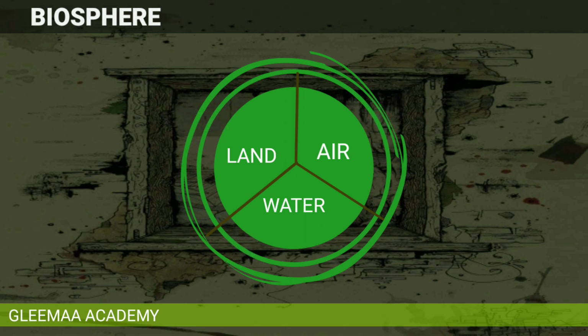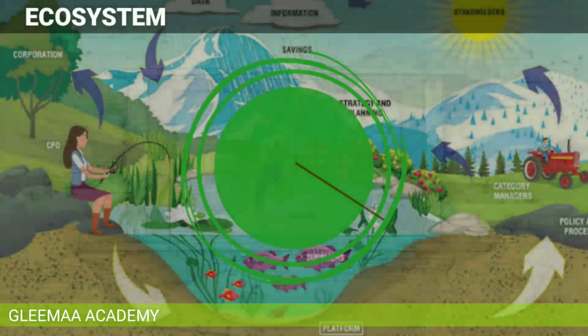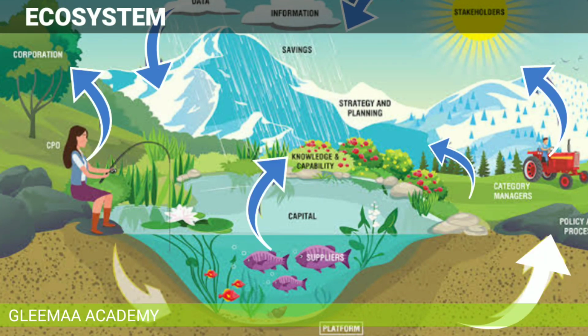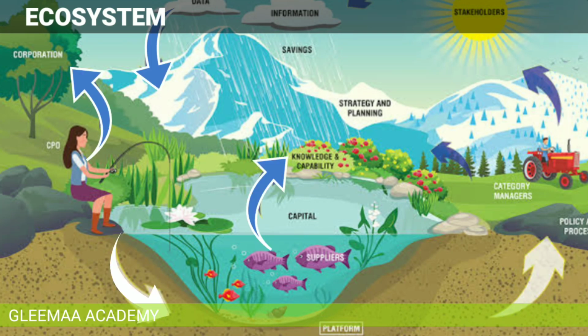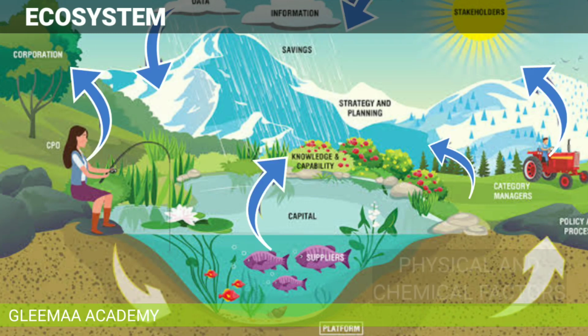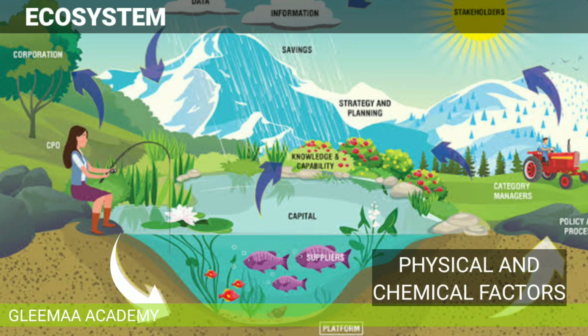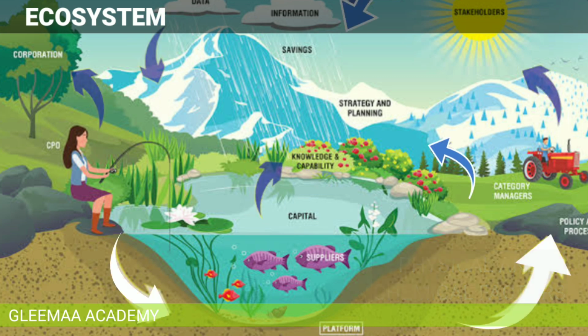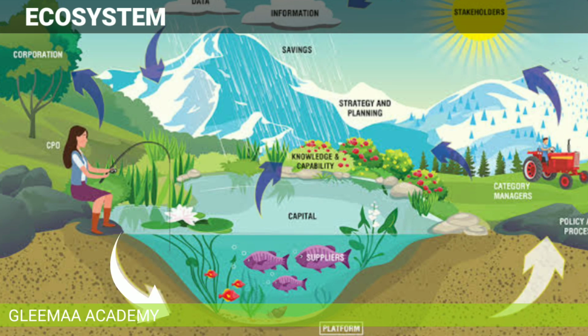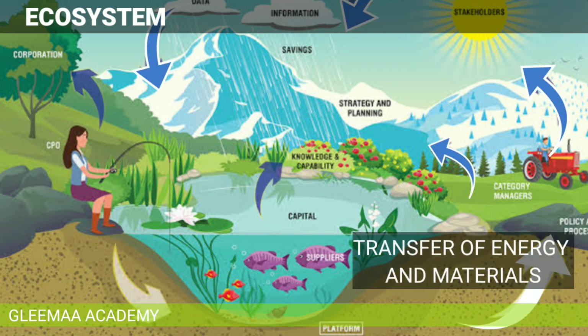Now we will know about ecosystem. Ecosystem is a system formed by the interaction of all living organisms with each other and with the physical and chemical factors of environment in which they live, and linked by transfer of energy and materials.